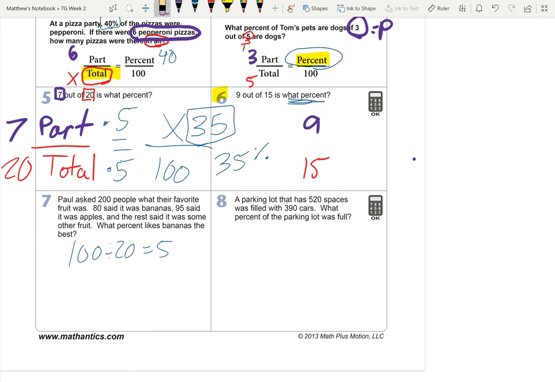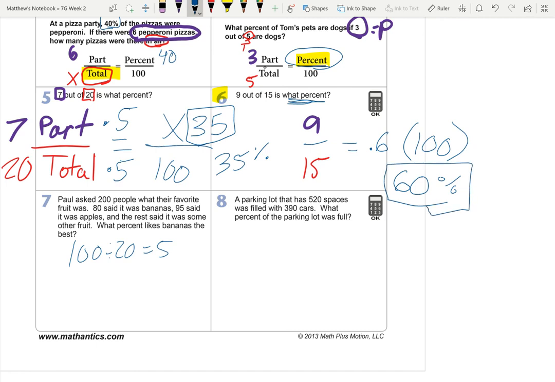And when we do that, let's see what it gives us. Grab my calculator here. 9 divided by 15 equals 0.6. Now what I have to do is multiply this 0.6 by 100 to figure out what that would be as a percentage. That would be 60%.